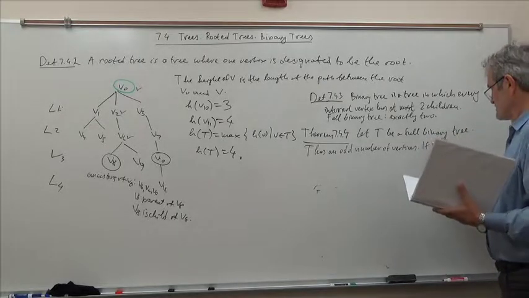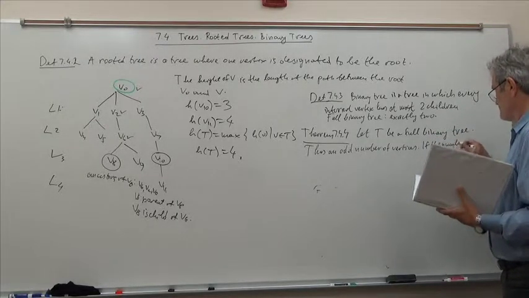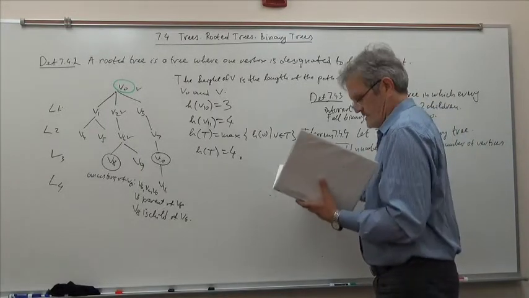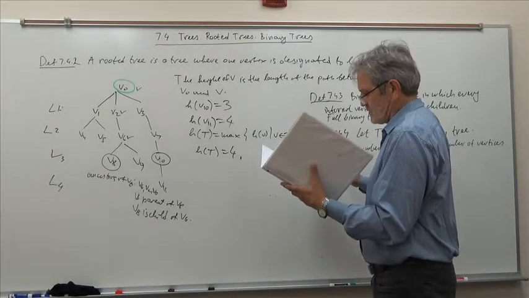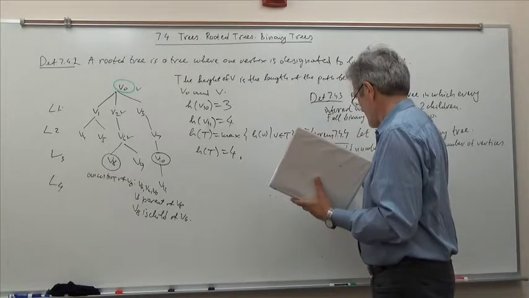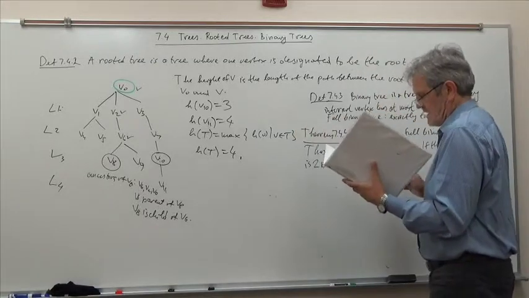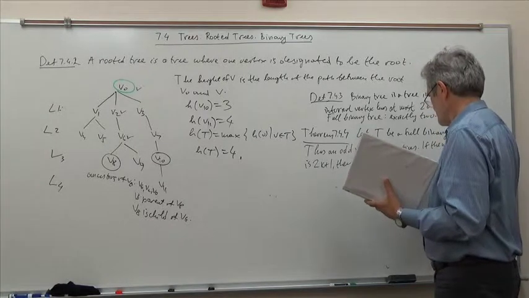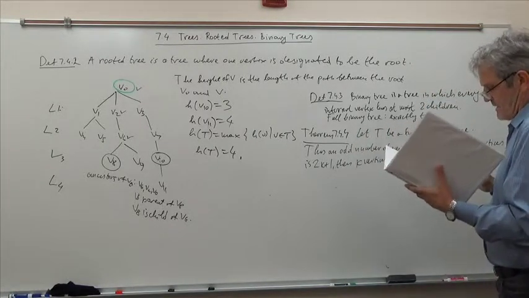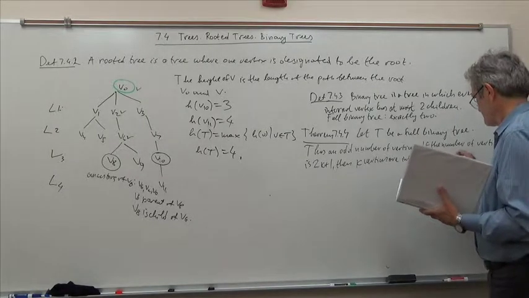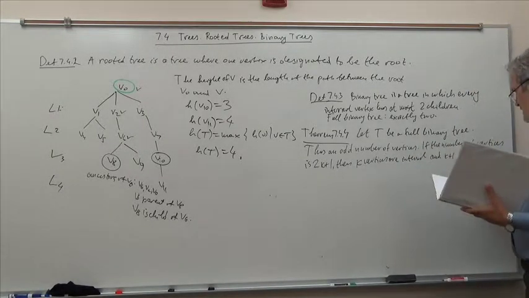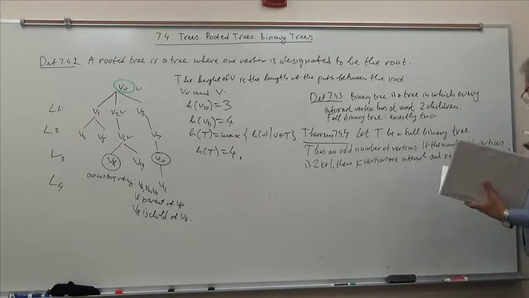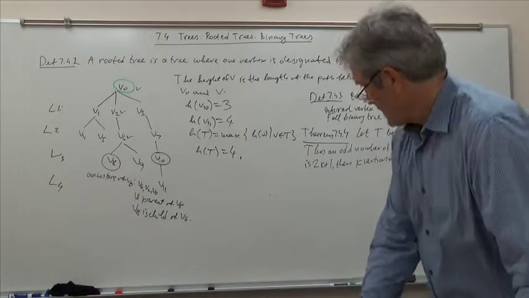If the number of vertices is 2k plus 1, then k vertices are internal and k plus 1 are terminal. We also call them leaves, again by nature of knowledge.